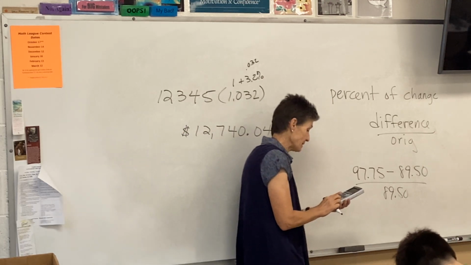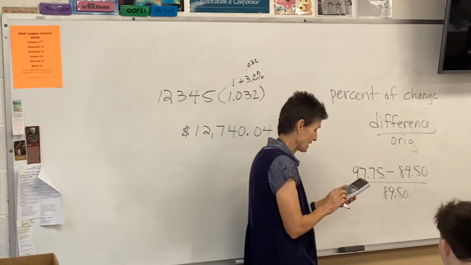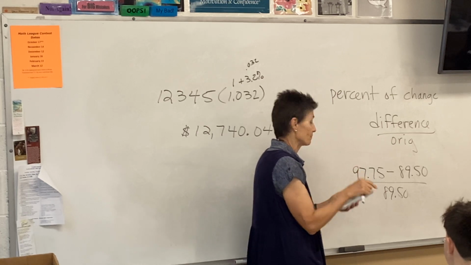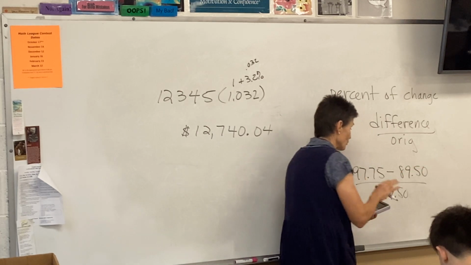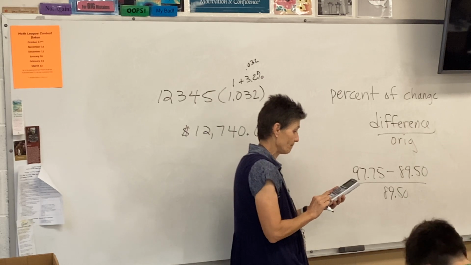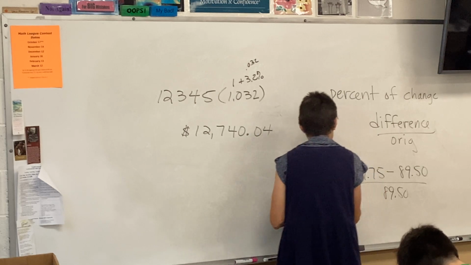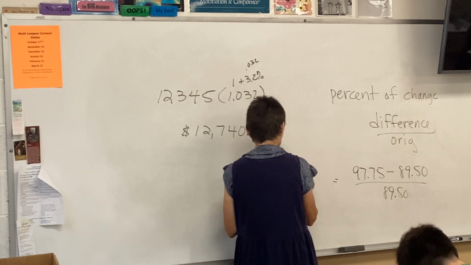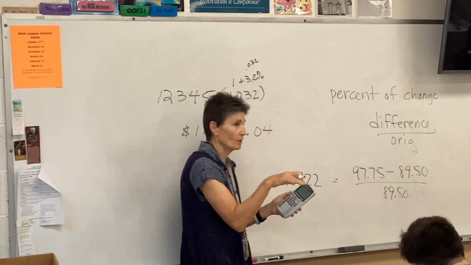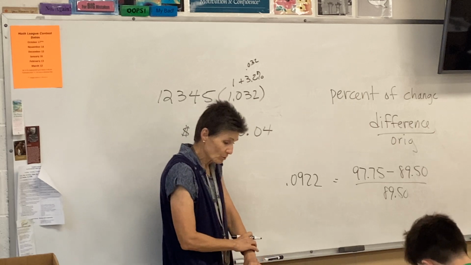Now, when you type this in, be sure 97.75 minus 89.50. Make sure you hit equals. After you type in your top, make sure you hit equals, and then divide by 89.50. I came up with 0.0922. That one needs rounded off, it goes on a long way. What is the percent then?